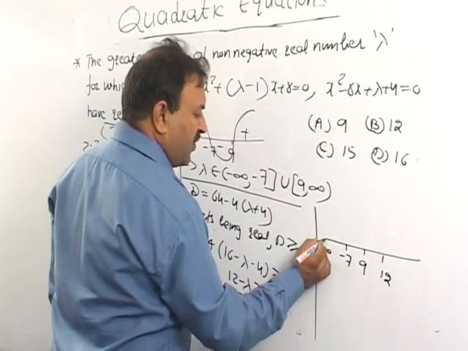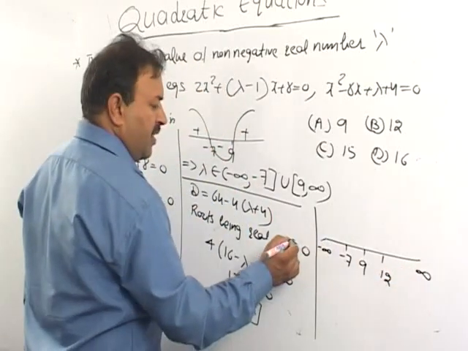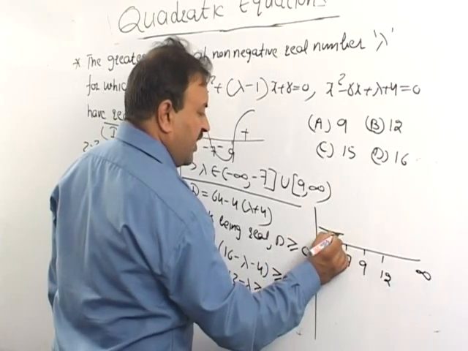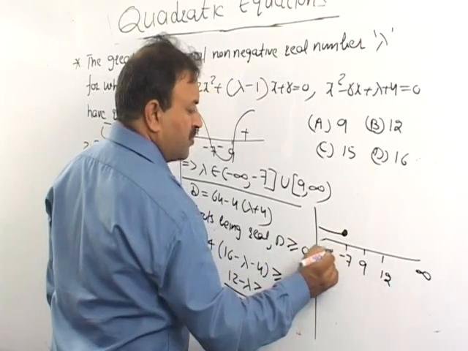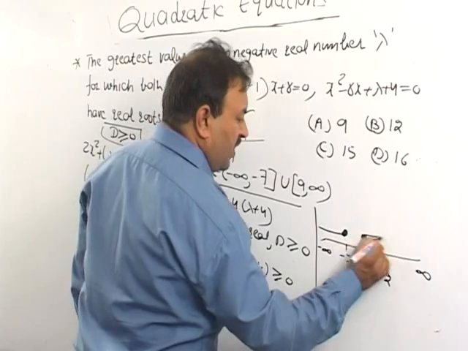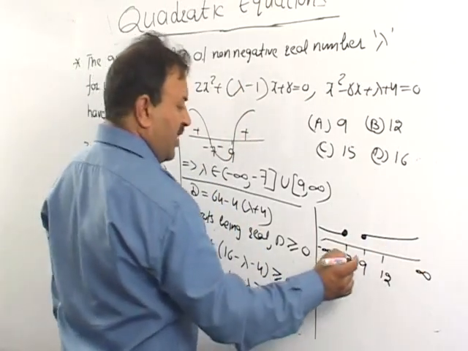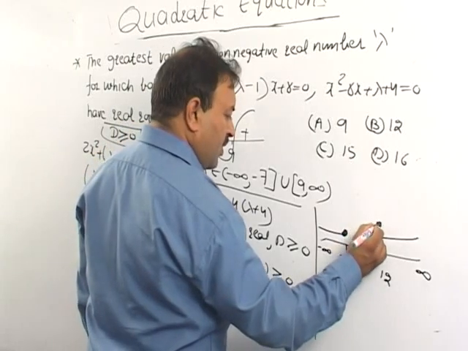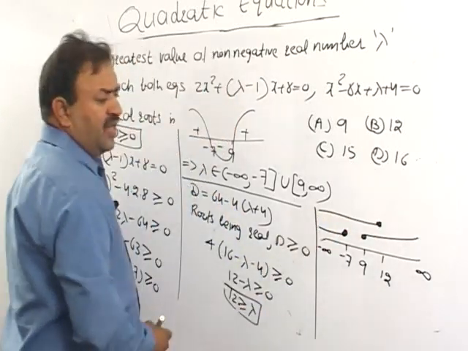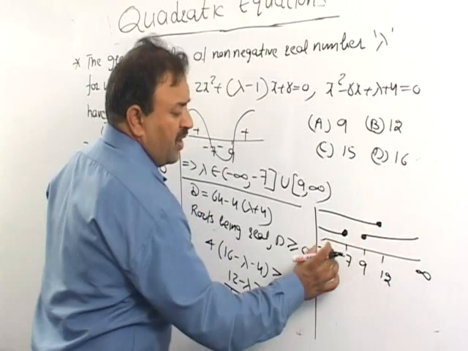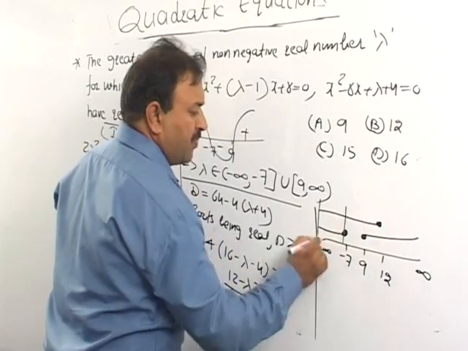It will be minus infinity over here, plus infinity here: minus infinity to minus 7 close bracket, 9 to infinity, this is the result. Now from here lambda is less than or equal to 12. So the common result is from here to here.